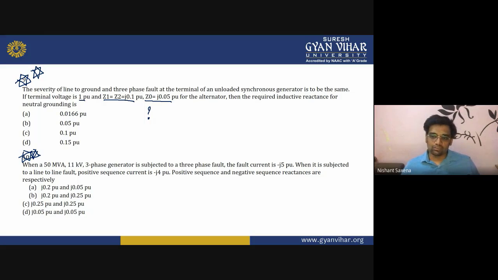Then the positive sequence and negative sequence reactances are what? You have been given that a 3-phase fault has occurred and the fault current is minus j5 per unit. That is, a symmetrical fault has occurred, and the positive sequence current has been given. You have been asked to find the positive and negative sequence reactances.